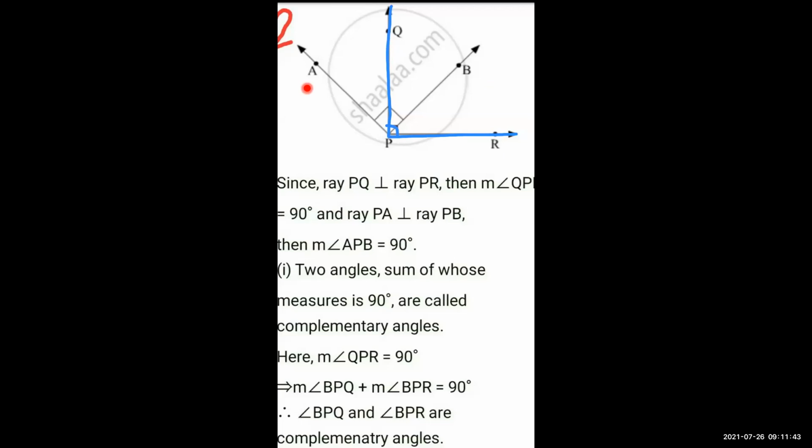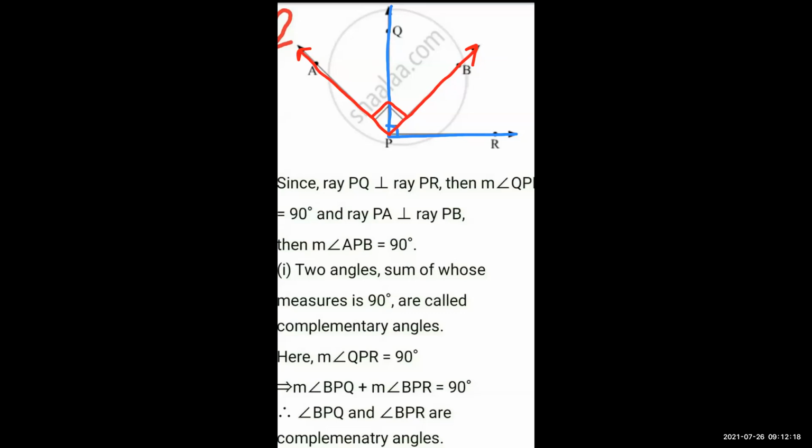We have to draw the rays joining point B and point P. So here is ray PB, and another ray, PA. Because of those two rays intersecting, one more right angle is formed here. This one also measures 90 degrees. Those are two rays perpendicular to each other. So here is the figure.